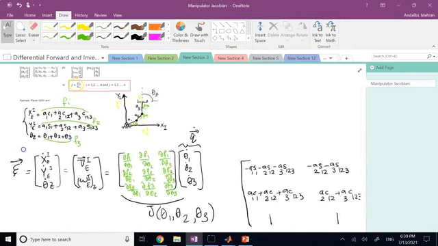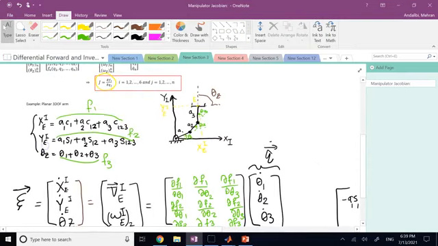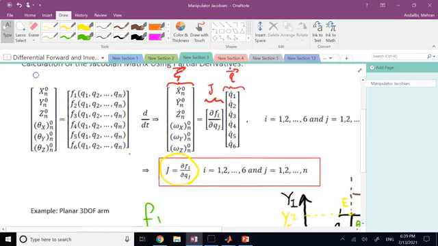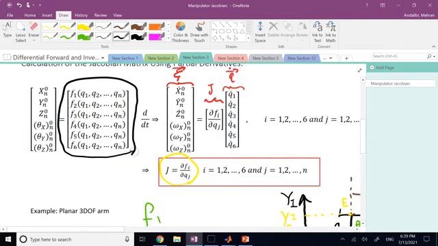Okay, so taking partial derivatives here, we did it for the planar 3-DOF. The important thing is you have these functions. If you have these functions, then it is not so hard. It's just partial derivatives. The question is, where do you get these functions?